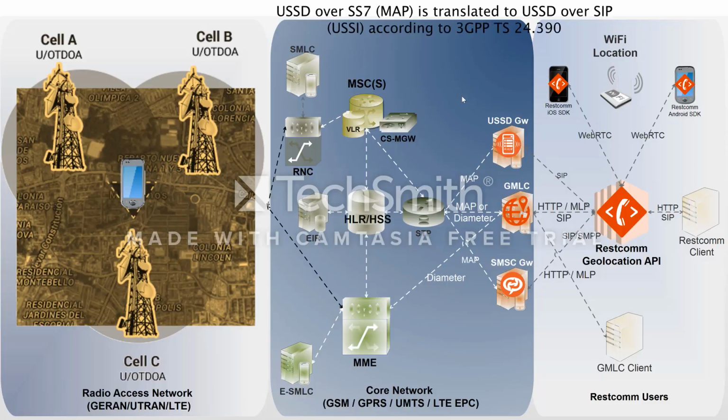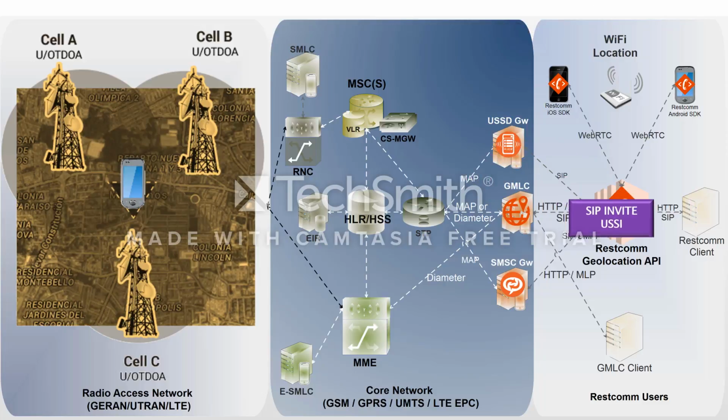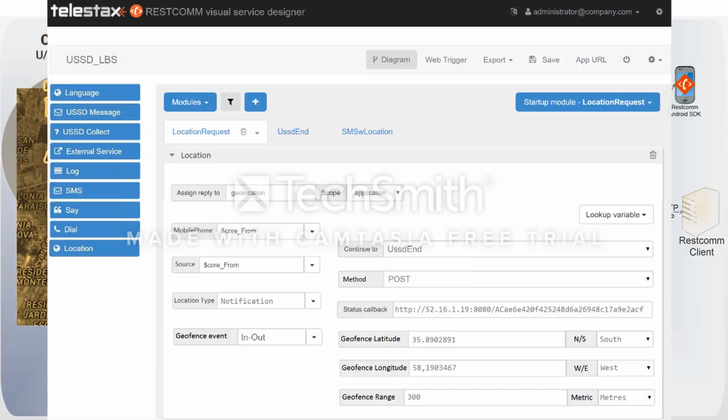So the Telestax USSD gateway or Restcomm USSD gateway translates USSD over SS7 or MAP to USSD over SIP or USSD for the IMS according to 3GPP technical specification 24.390. So this is converted to SIP, and a SIP invite goes to Restcomm Geolocation API.